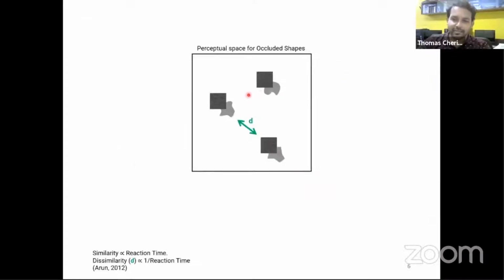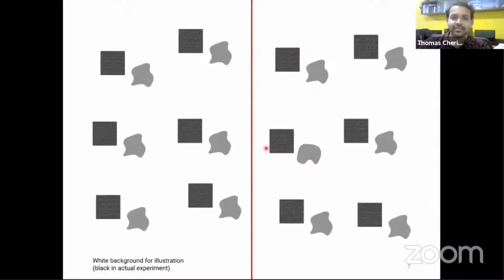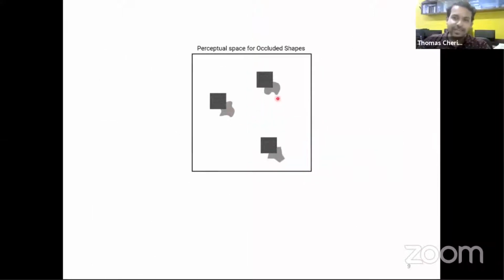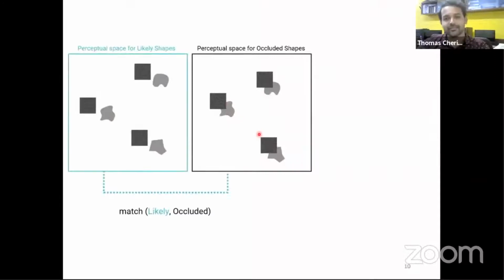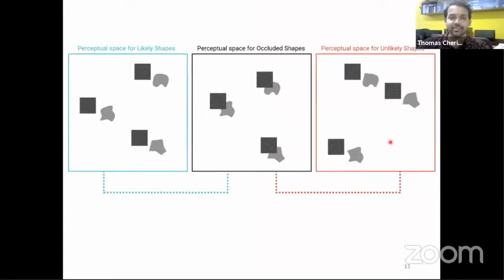Now, to measure objects in perceptual space, we measured the perceptual distance between pairs of stimuli using visual searches like these, where the subject's task is to identify the oddball target and indicate its position with respect to the vertical red line. Now, we can simply ask if the pairwise distances between occluded objects match better with the pairwise distances from likely or unlikely displays.